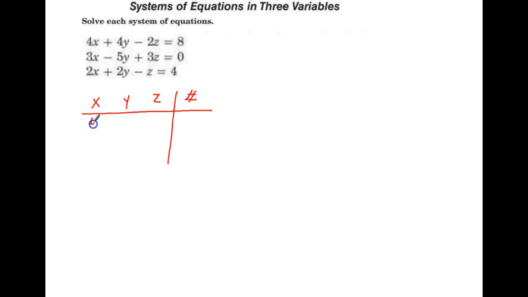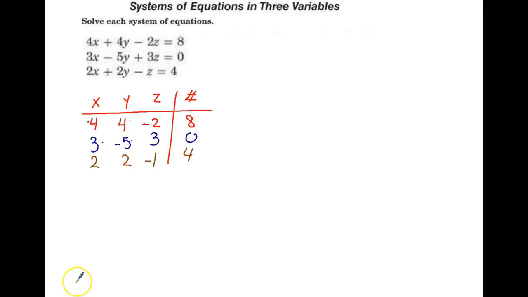Okay. 4, 4, negative 2, 8. 3, negative 5, 3, 0. 2, 2, negative 1, and 4. Okay, so let's look at each column and see if I have same numbers, different signs. Do I have any?